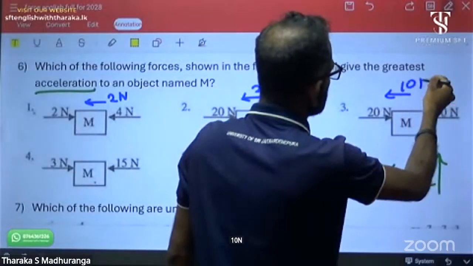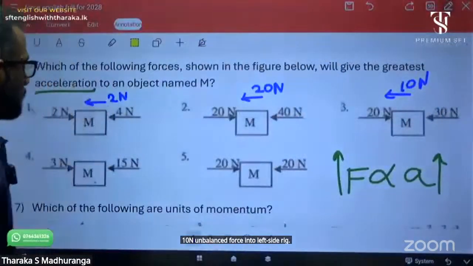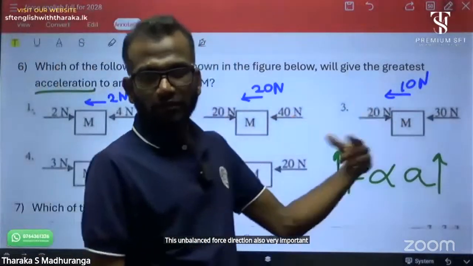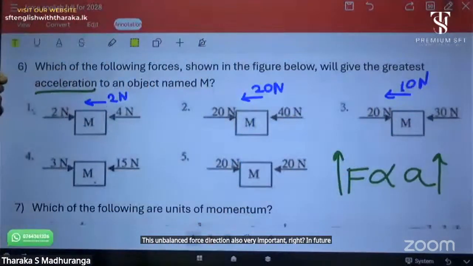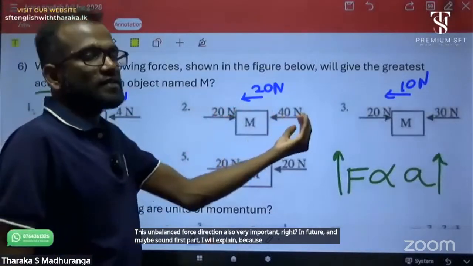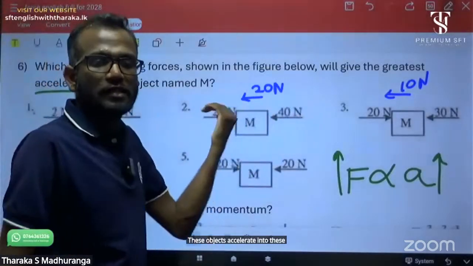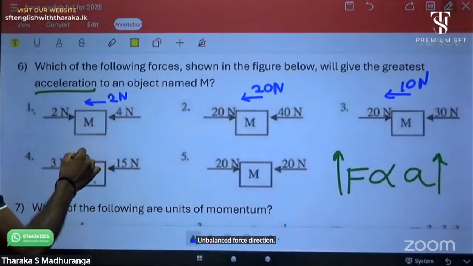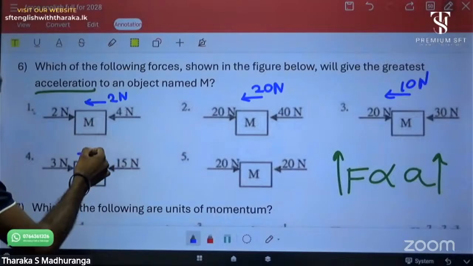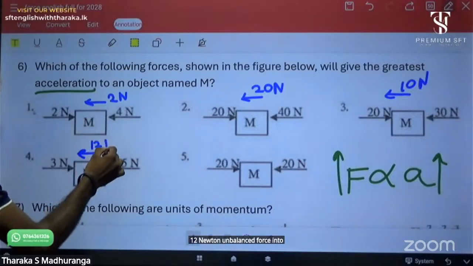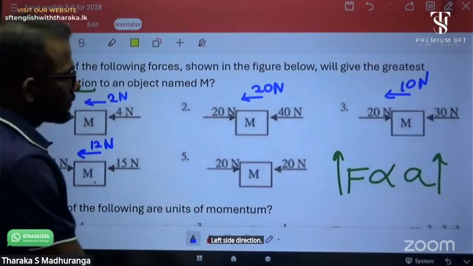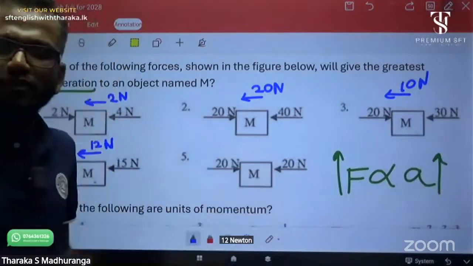This unbalanced force direction is also very important, right? In future resultant force part I will explain, because this object accelerates into the unbalanced force direction. Next, 12 Newton unbalanced force into left side direction. What's the unbalanced force for the final answer?